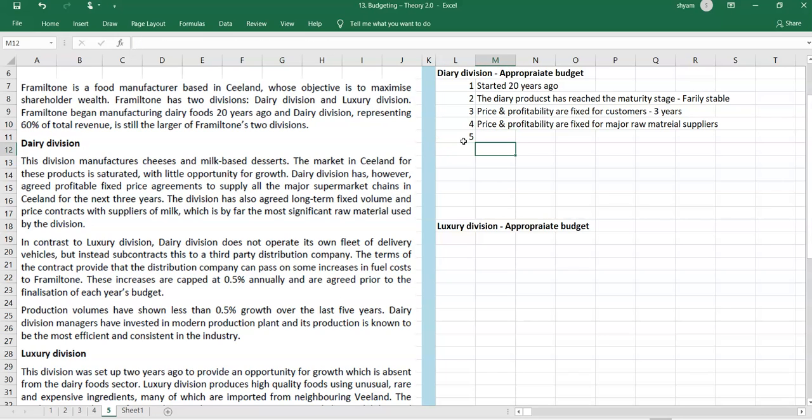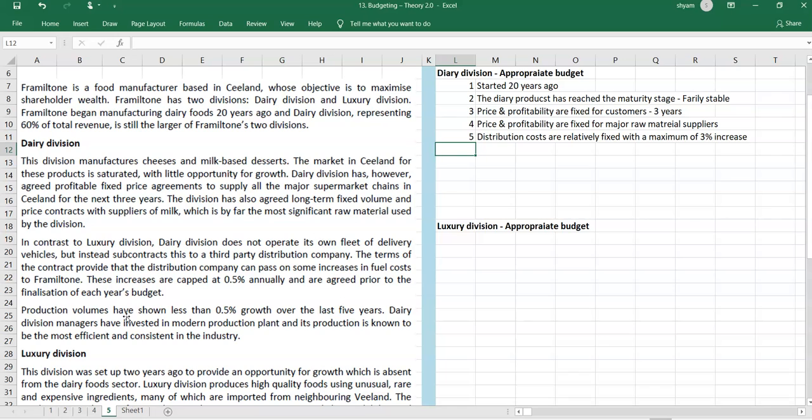So if you see, the distribution costs are relatively fixed with a maximum of 3% increase. Okay, 3% increase. So this cost also is relatively fixed.